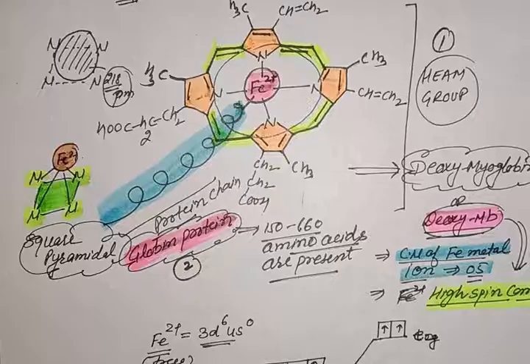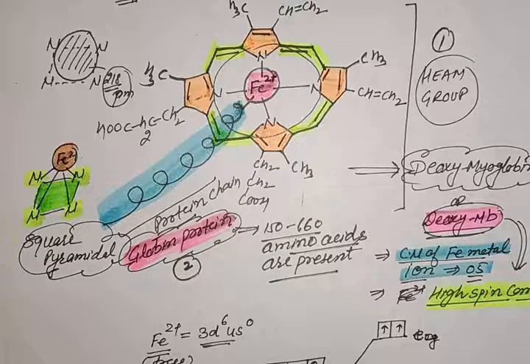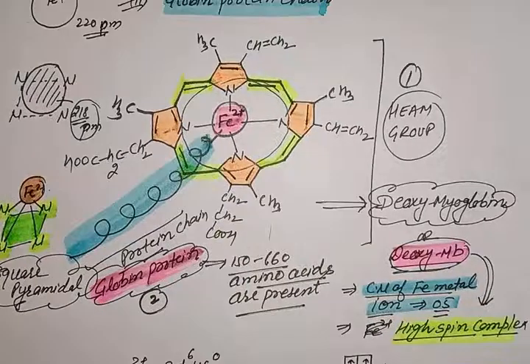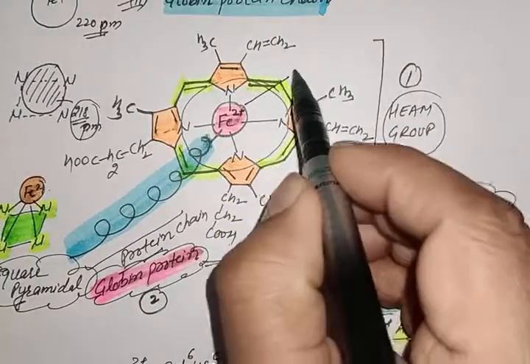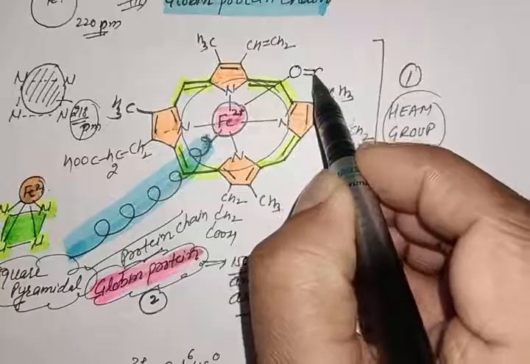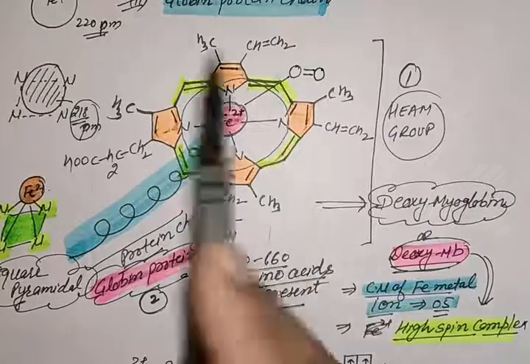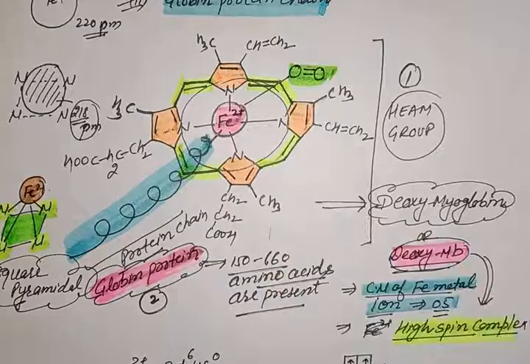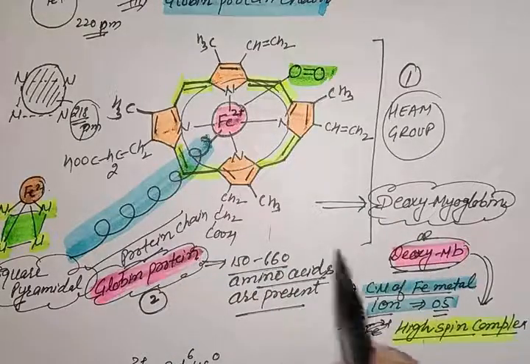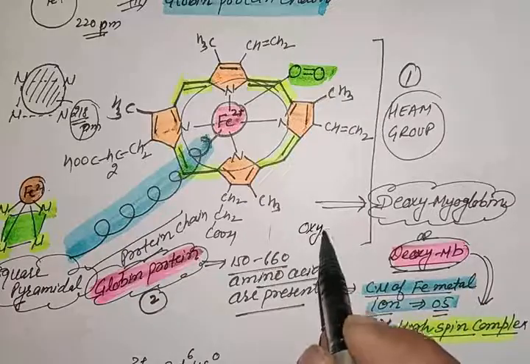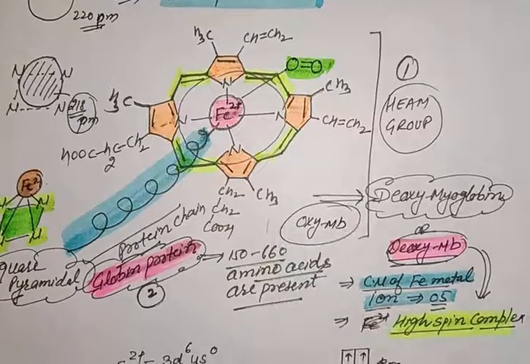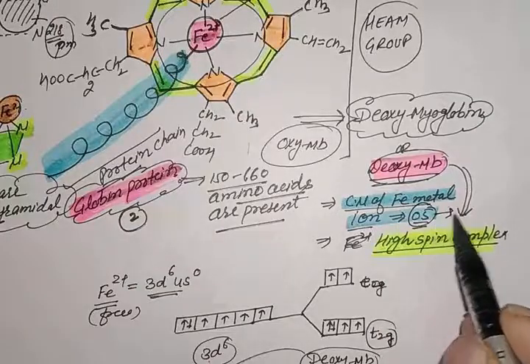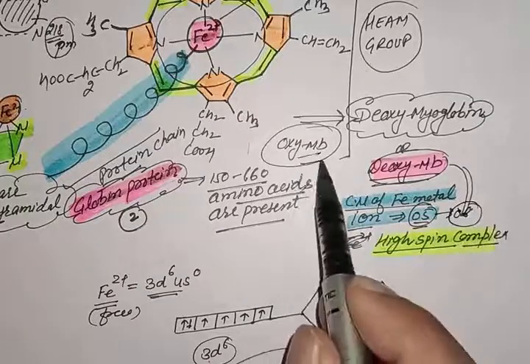Then what will happen when oxygen is attached at the sixth position of the Fe2+ metal? When a molecule of oxygen is attached at the sixth position of this metalloporphyrin complex, in this case the complex is called oxymyoglobin. Now the coordination number of the central Fe metal changes from 5 to 6 in the case of oxymyoglobin.